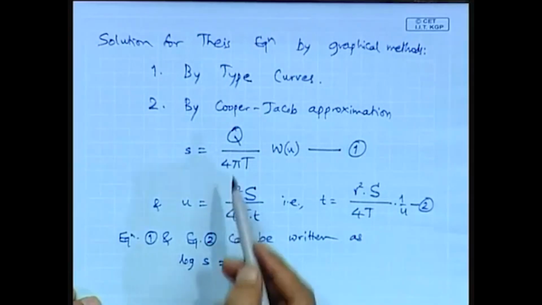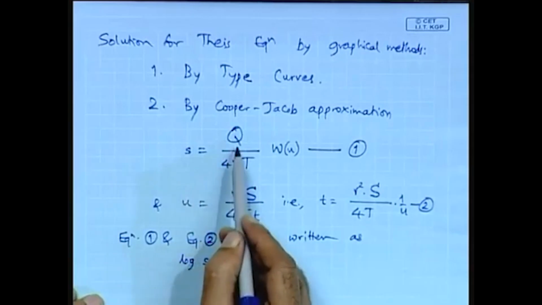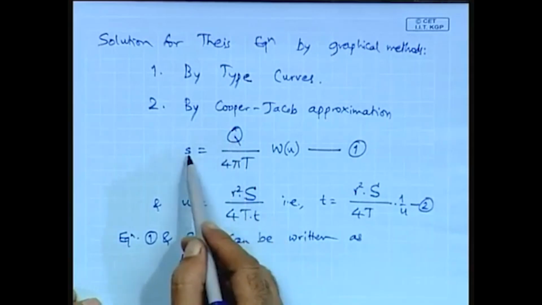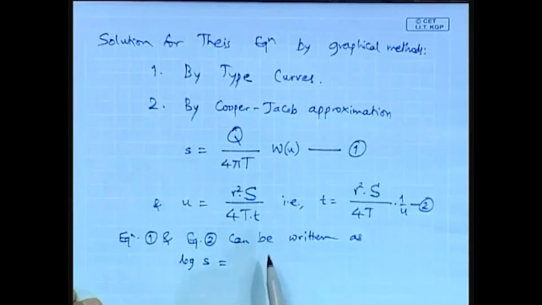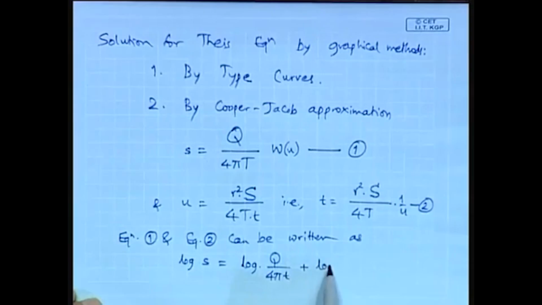So, here it has not reached an equilibrium. Therefore, even though this Q is steady, the drawdown s is unsteady, it is varying with time. So, this is equal to log of Q divided by 4 pi T plus log of the well function W.